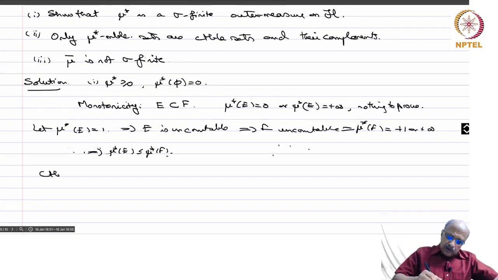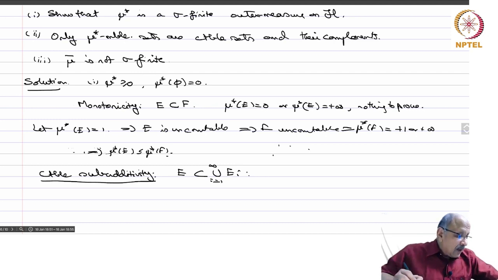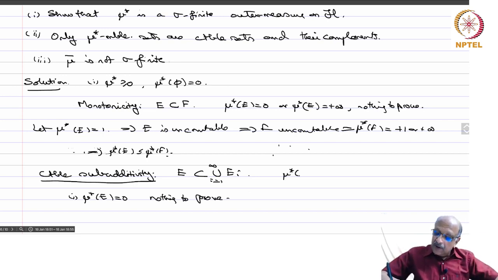So now we have countable subadditivity. Let us take E contained in the union of EI, I equals 1 to infinity. If mu star of E equals 0, there is nothing to prove, because we want to show mu star of E is less than or equal to sigma mu star of EI.